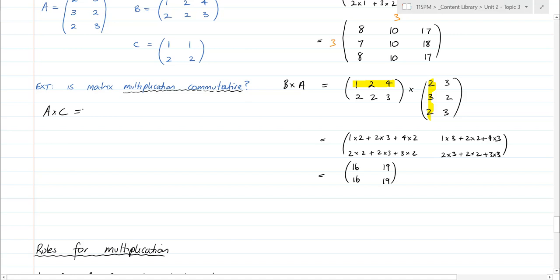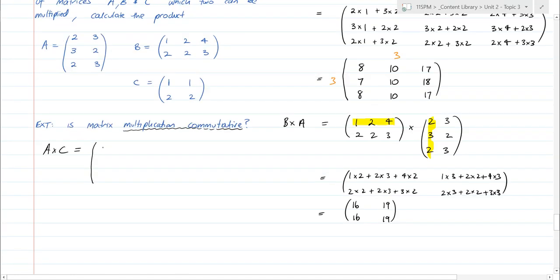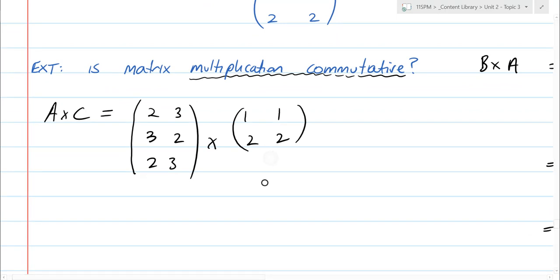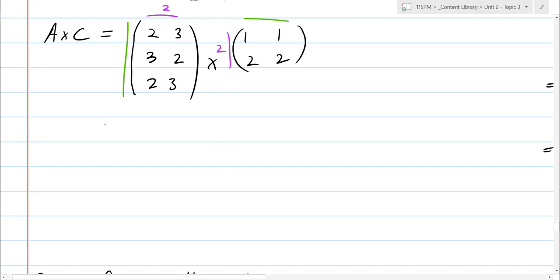A times C will equal A, which is 2, 3, 3, 2, 2, 3, times C, which is 1, 1, 2, 2, a very boring matrix. Just note here that this is 2 by 2, so it will work, and the resultant matrix will be a 3 by 2. We can get that from our remaining dimensions. So I get 2 times 1 plus 3 times 2.